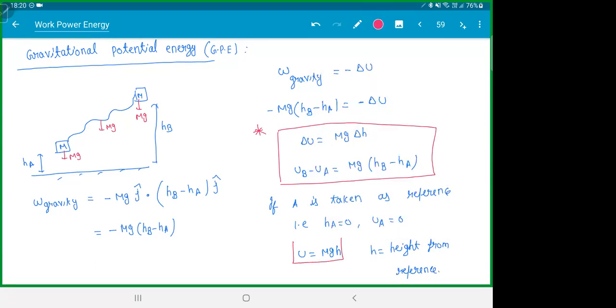So when you keep saying the potential energy is mgh, that h is actually the height from the reference line. Have a look at this. Now we are defining potential energy. You learned this in school, mgh, but we are proving it in a more technical way.